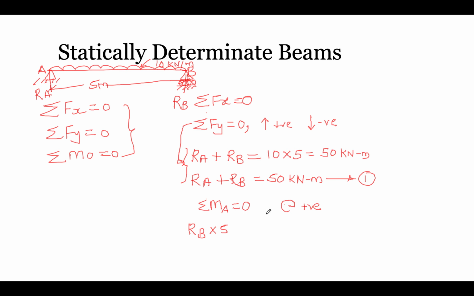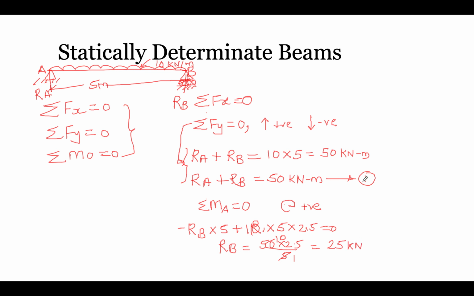So here clockwise is positive, so Rb into 5 will become minus 5 Rb, then plus we have to consider the UDL, that is 10 into 5 into half of the span, 2.5, is equal to 0. So we will get Rb is equal to 50 into 2.5 by 5, so we will get 25 kilonewton as an answer.